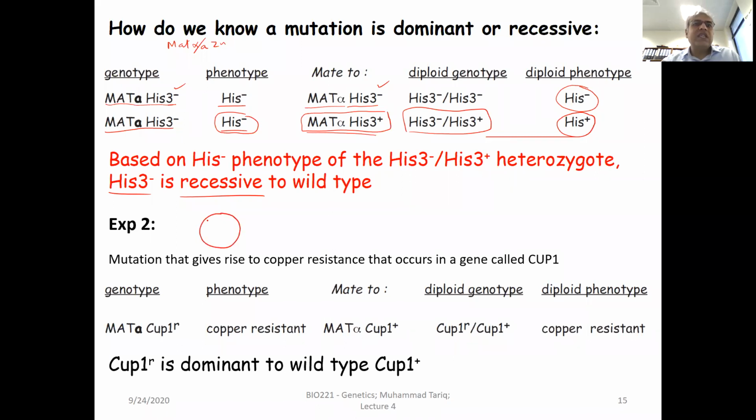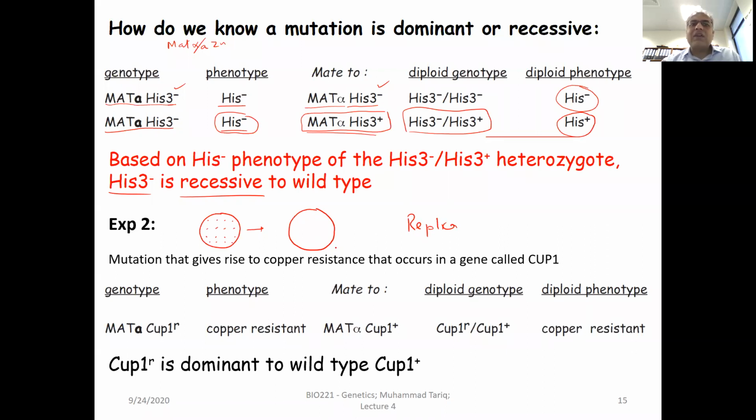You mutagenized yeast and you spotted all your mutant population. Then you stamped it, and this stamping is called replica plating, because this is an exact replica of this.